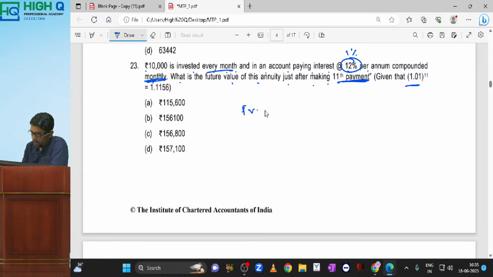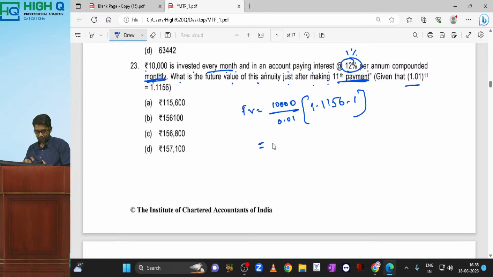So future value is equal to 10,000 divided by 0.01, 1.01 whole power 11, which is already given. Let me just use it. One lakh 15,600. Option A.